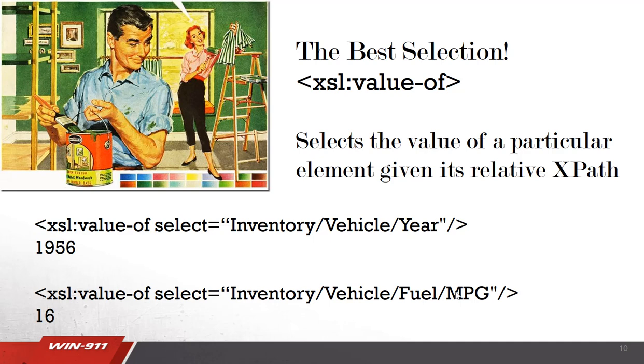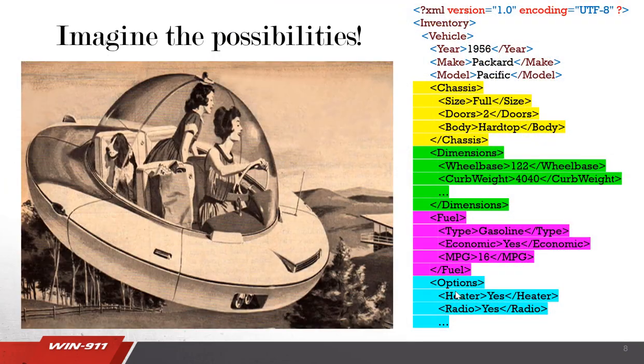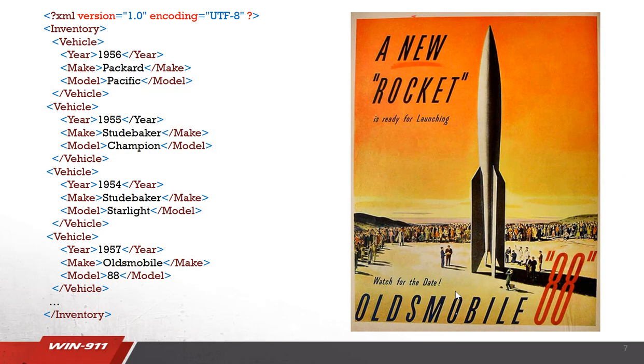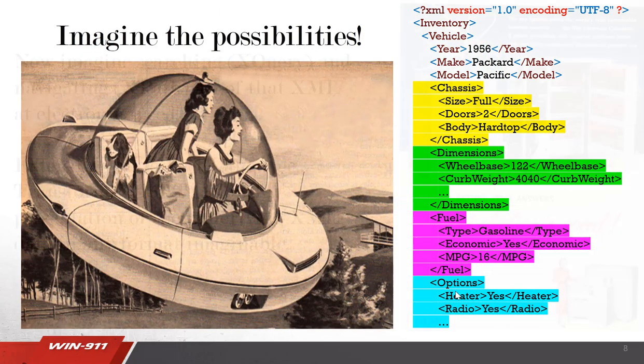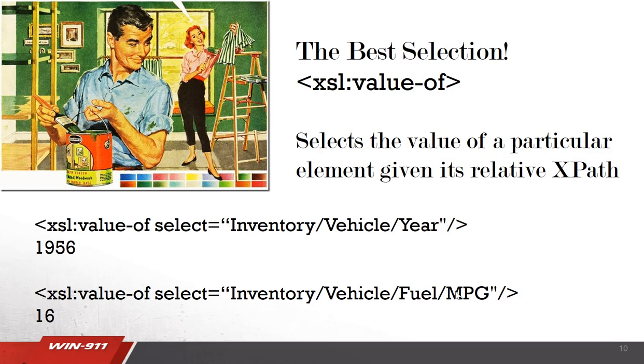Under the vehicle, I want to find the year, and what I'm selecting is just the year, whatever's inside that year tag. So to go back a bit to my inventory, just for an example, the first vehicle's year there is 1956. I can also imagine going to inventory, vehicle, fuel, miles per gallon there in that extended inventory example, and I would fetch the value 16 from that.